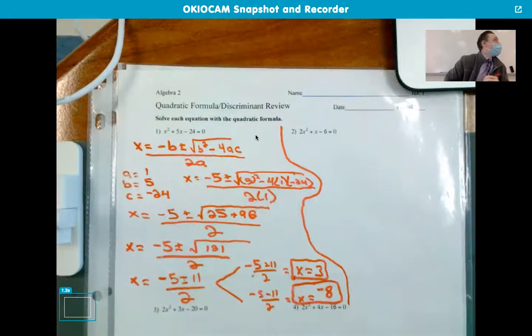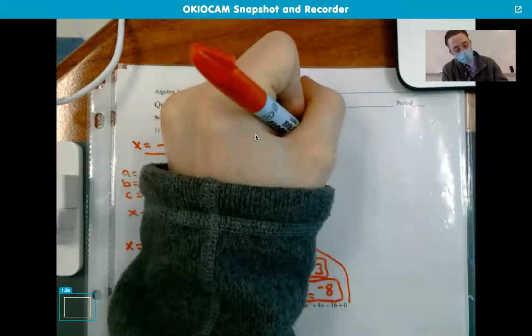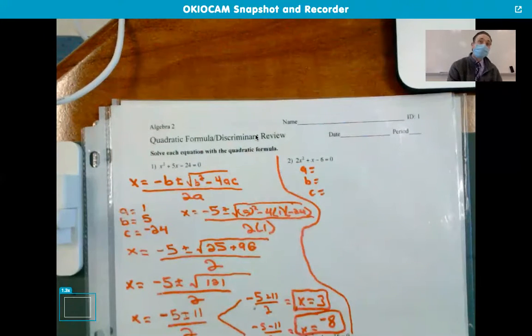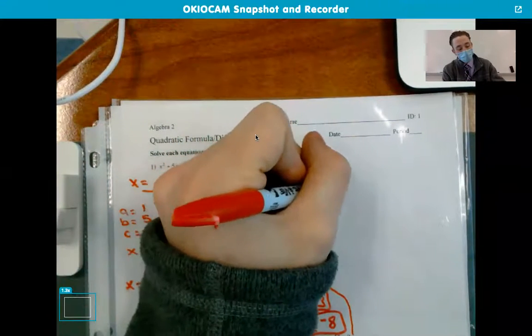All right, let's take a look at number 2. We have 2x squared plus x minus 6 equals 0. Set equal to 0, so I'll list my A, B, and C values. What are A, B, and C? Good. 2, 1, negative 6.